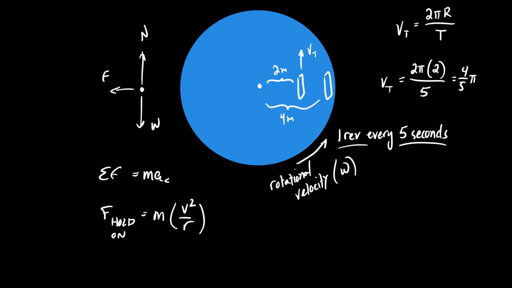You'll have to work that out. You know what pi is. You can figure out a velocity and then take that over here. So I'll have 30 times 4/5 pi squared divided by 2. And that should be how much force it takes for them to hold on.